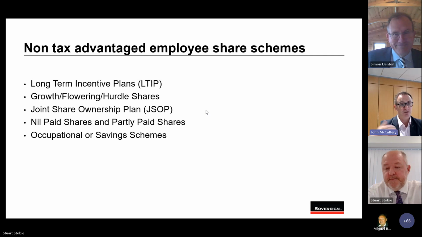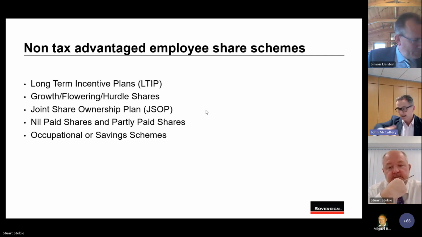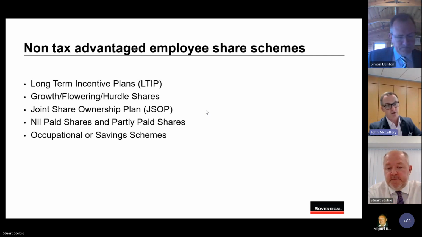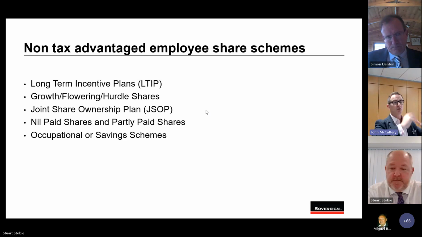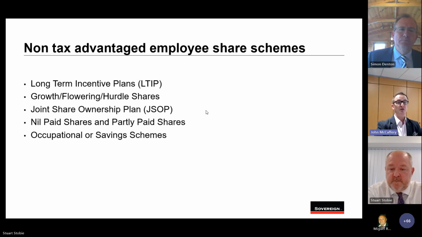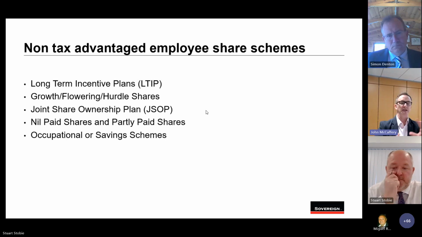If you can say, this company's on a growth path, we are looking to increase the value of this company, you join us for that, and ultimately we'll pay out by you sharing in the growth of the value through a share arrangement. Benefits are that they are relatively straightforward to administer, and don't require all the rules of the more tax advantage schemes.